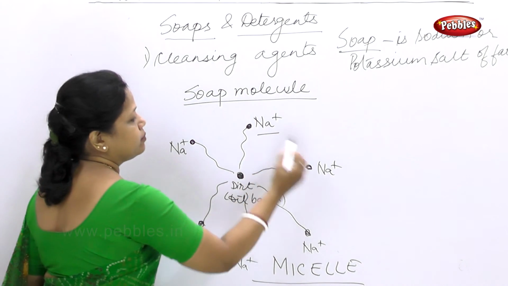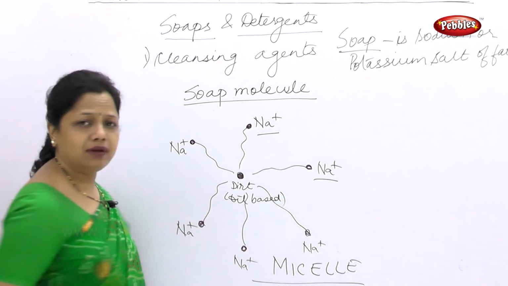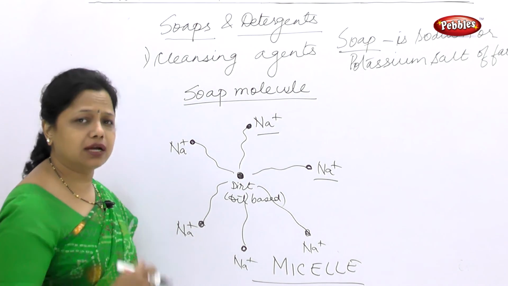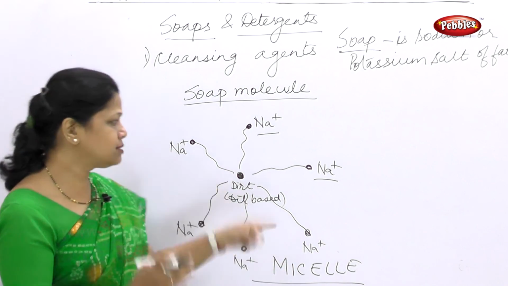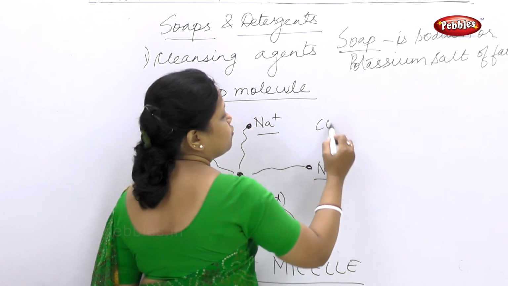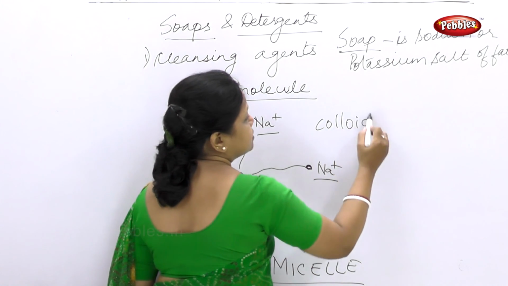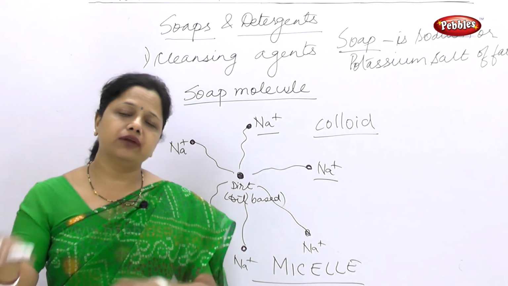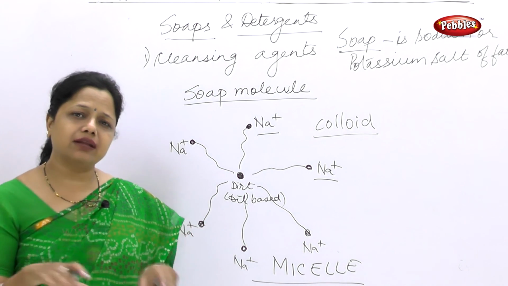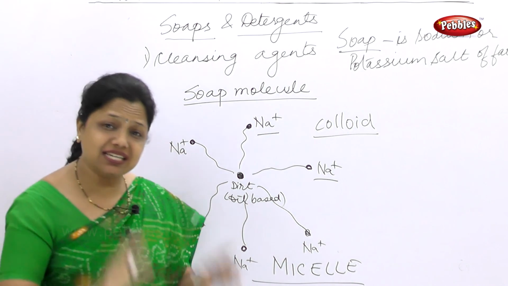Why? Because this sodium and this sodium both have positive charges. That means same charges, and same charges repel each other. This repelling forces them to form a colloid instead of a precipitate, and they remain in the colloid form, which means it can easily float and does not settle down.